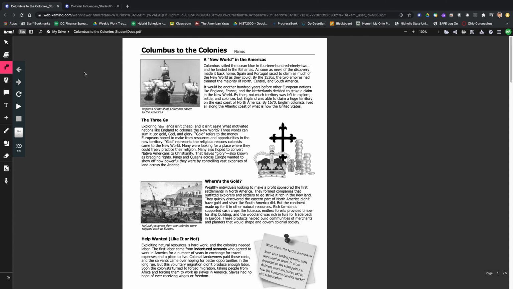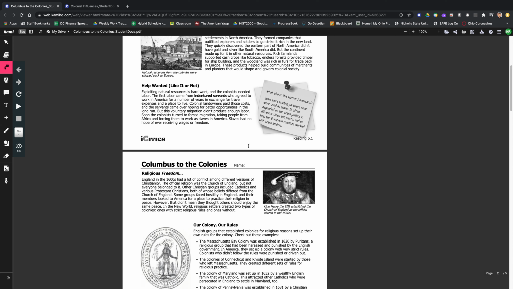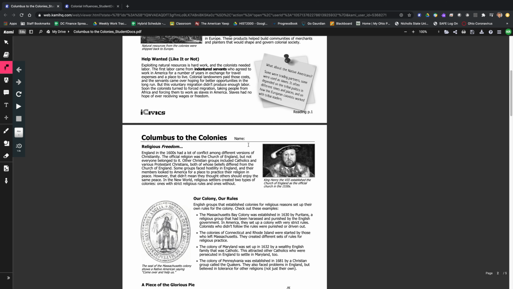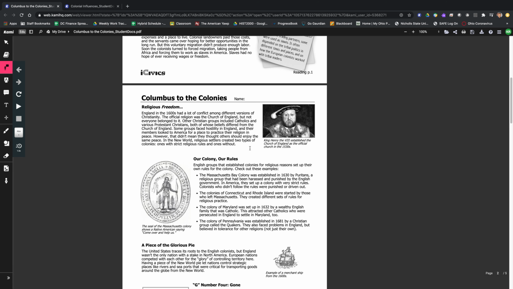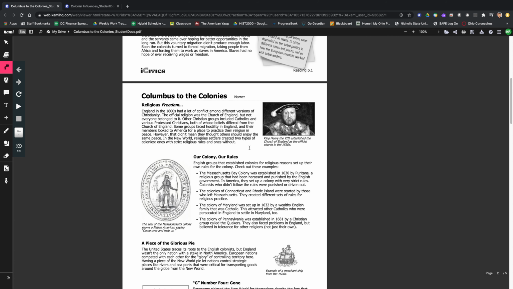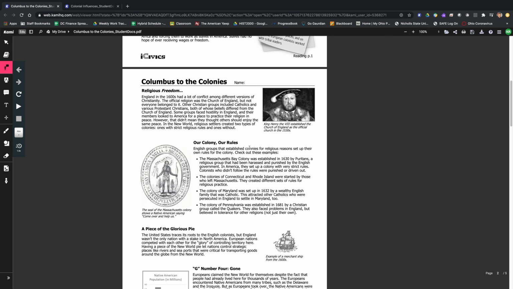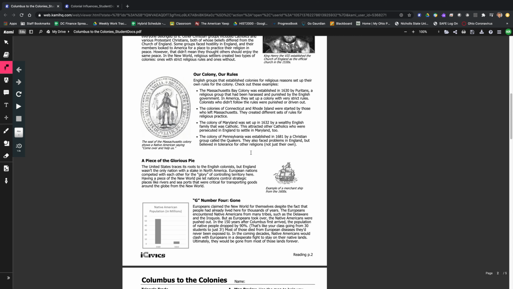In this lesson, you're going to be learning about the New World, those 3 G's of exploration, a little bit about religious freedom, and then what a colony is. We're going to begin to check out how the Europeans would come here and set up these things called colonies.